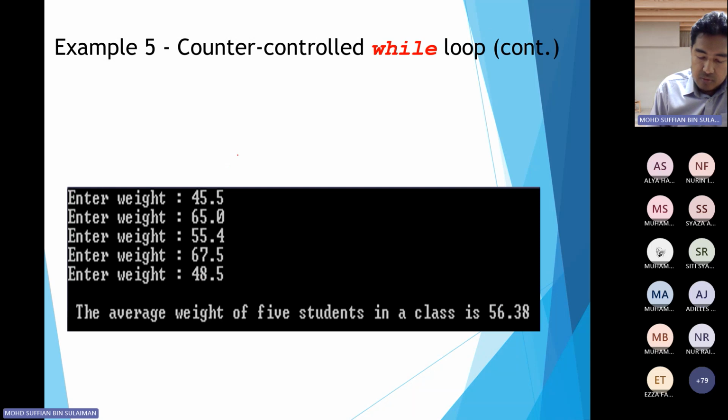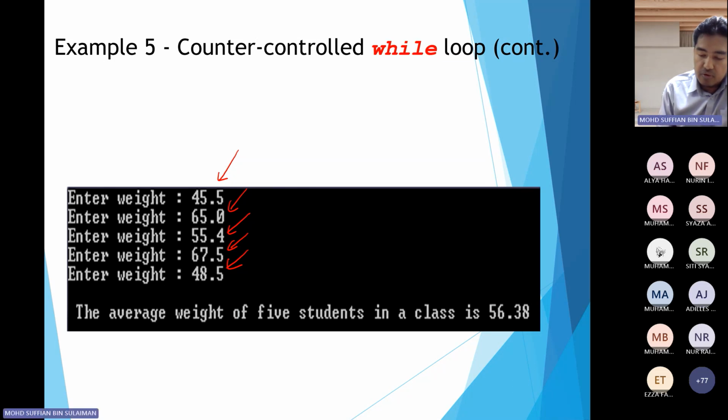Every time the loop runs, we ask the user to enter the weight: 45.5, then 65, then 55.4, then 67.5, then 48.5. So 5 loops. Then the condition becomes false and the loop stops.